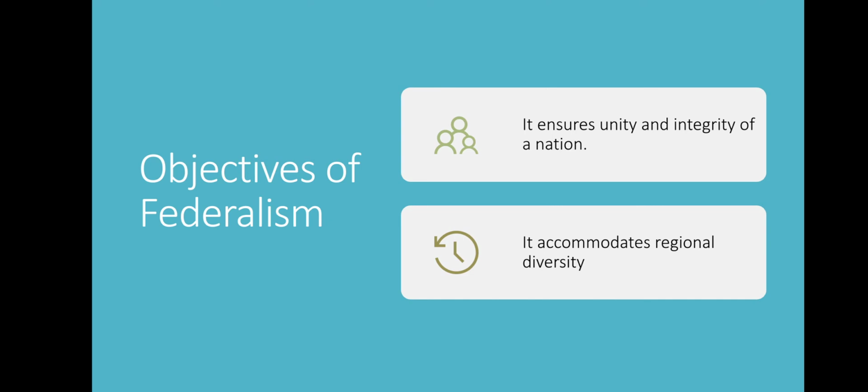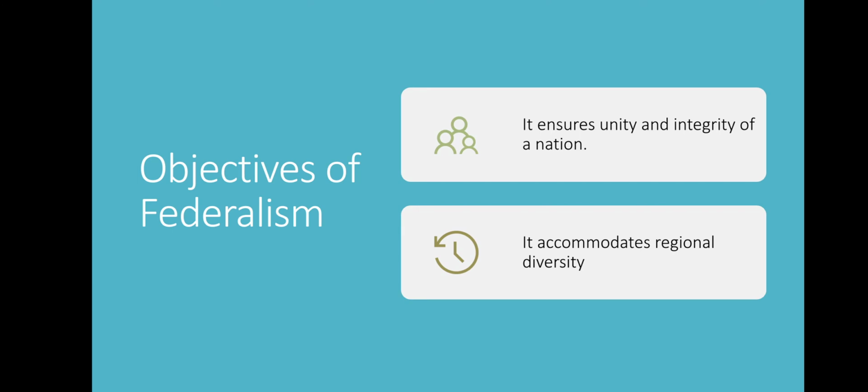Whenever we share power, that would remove all the chances of conflict and the country would remain unified. So, assurance of unity and integrity of a nation, and also the regional variation.